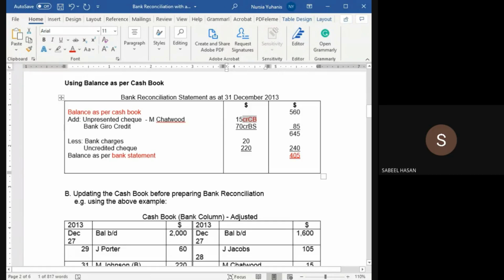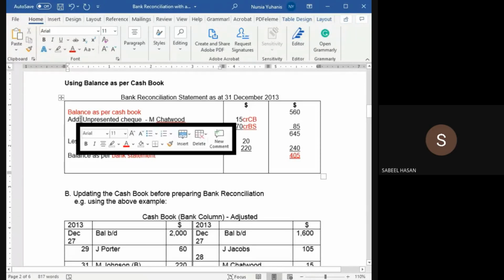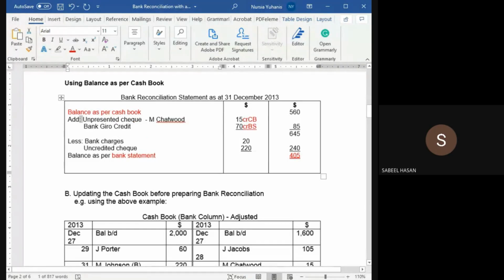This one is credit side for bank statement. So these two is under credit side. Okay, so now you total up 15 plus 70, so you get 85. So here it mentioned add, so you need to plus 560 plus with 85. So you will get 645, but it's not over yet.